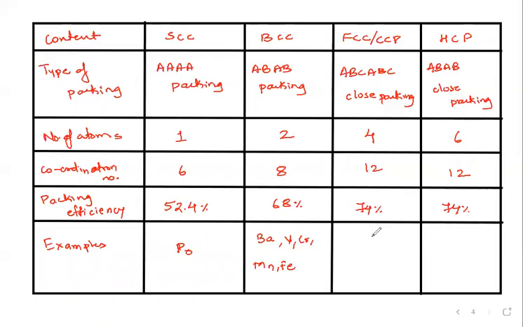Similarly, for face centered we have calcium, strontium, aluminium, copper, nickel, and the remaining D block elements, as well as beryllium and magnesium for hexagonal. These are the examples. Clear?